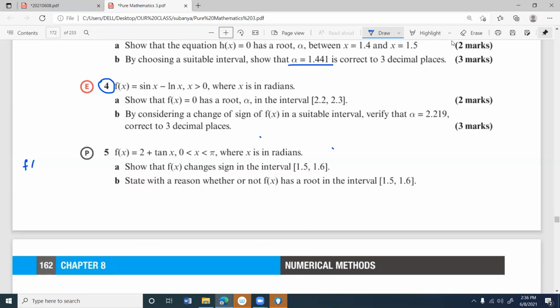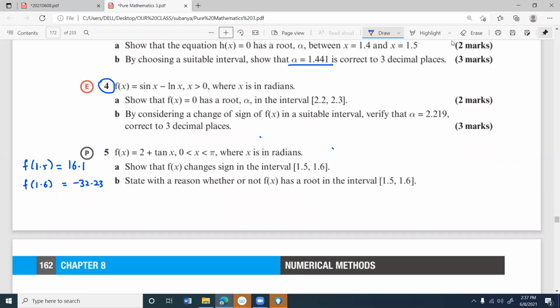If I put f(1.5), that is 2 plus tan 1.5, it's 16.1, and if I put 2 plus tan 1.6, it's minus 32.23. With that you can say the solution exists.